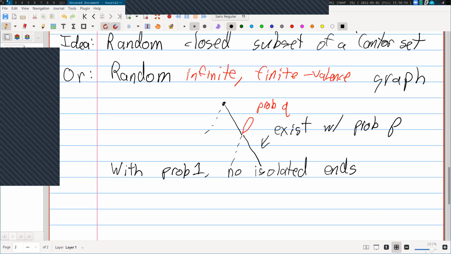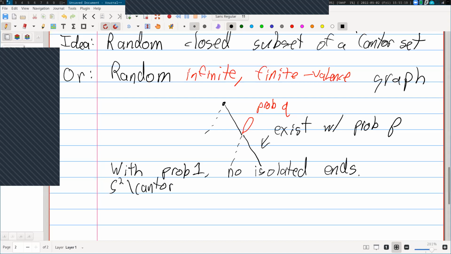It's a different Cantor set that is a subset of the full Cantor set that you'd get if p was 1, if you had every branch, but it's still a Cantor set. So up to homeomorphism, we just have the sphere minus a Cantor set.